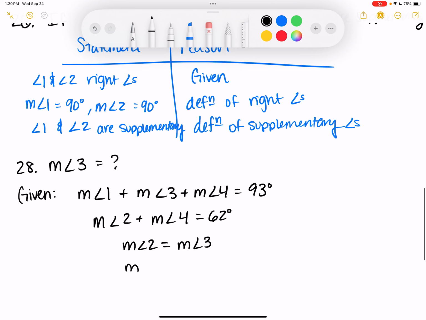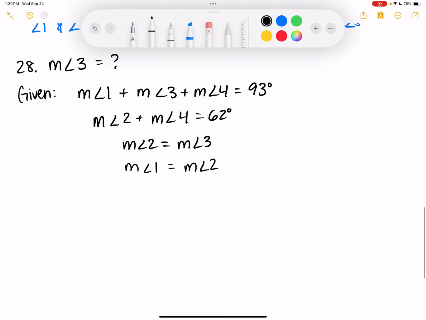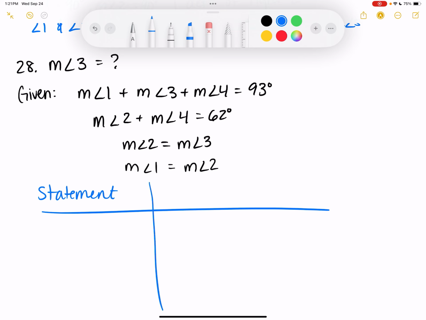And the measure of angle 1 is equal to the measure of angle 2. That's all given information, and they want us to solve for the measure of angle 3. All right, so I'm going to set up for my proof, with my statement and my reason.